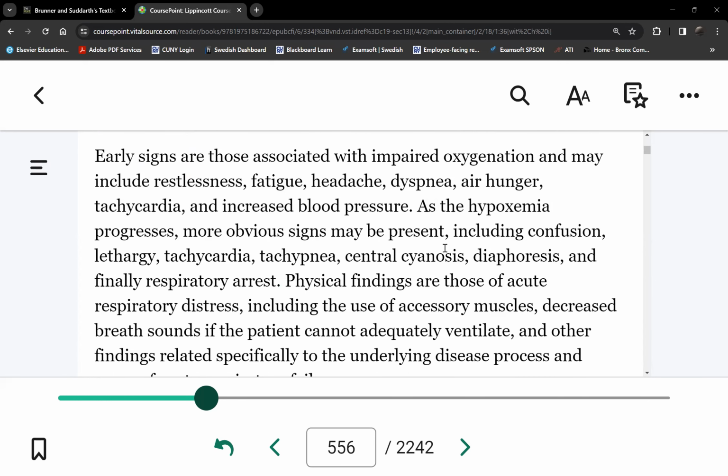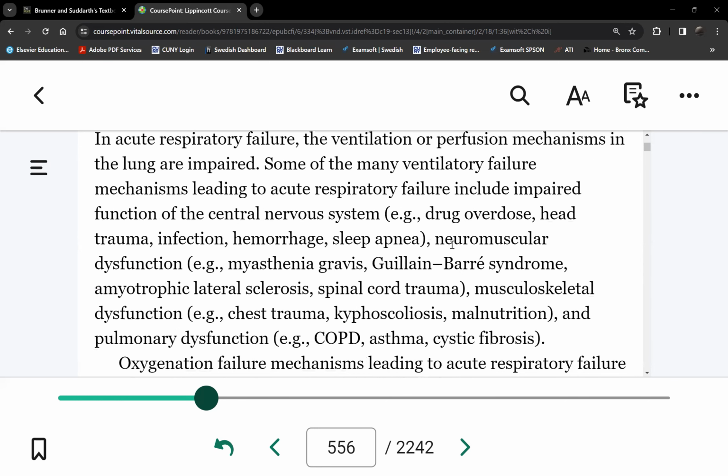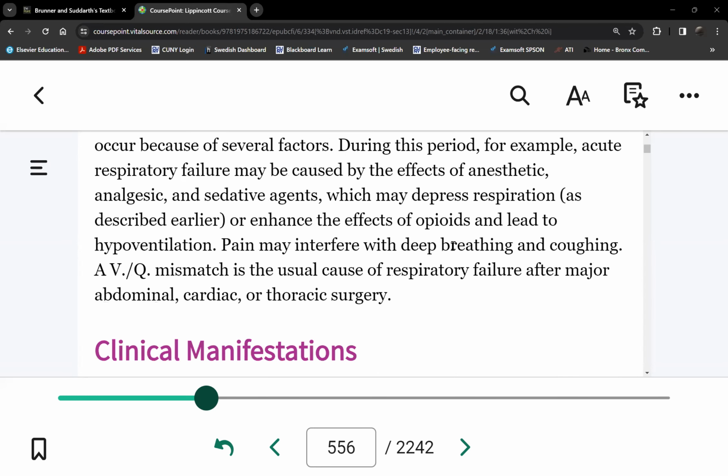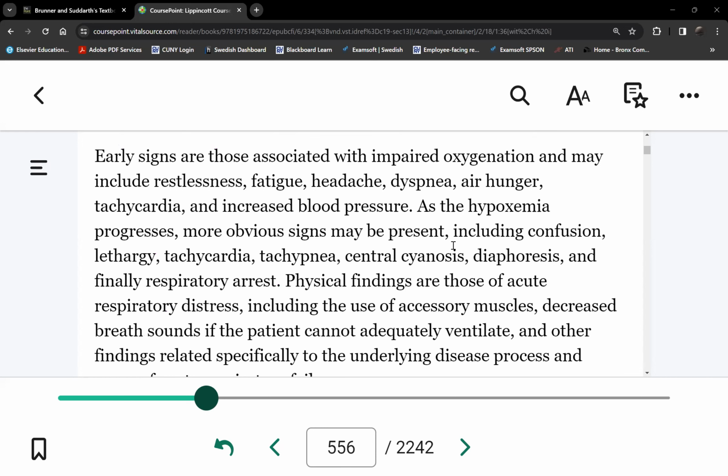Manifestations, nothing specific. They include the manifestations of the underlying cause that led to the respiratory failure, plus what will someone with an ABG of PaO2 less than 60, PaCO2 over 50, and pH of less than 7.35 look like? Are they gasping for air?